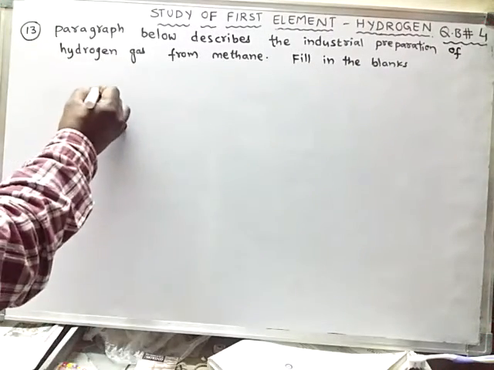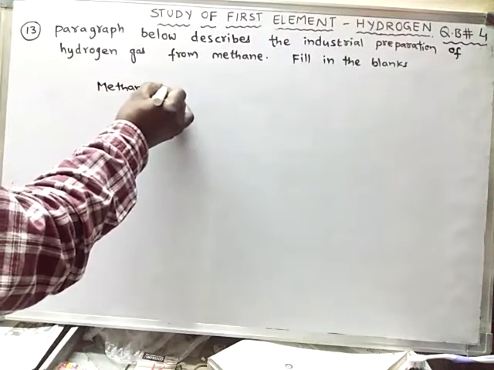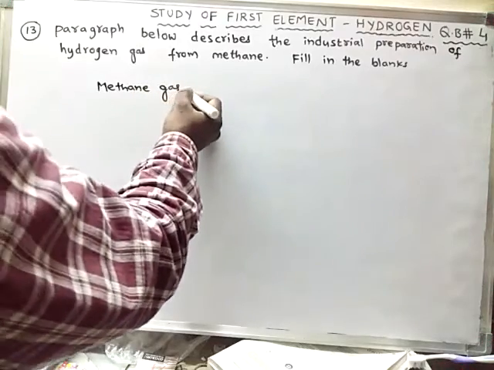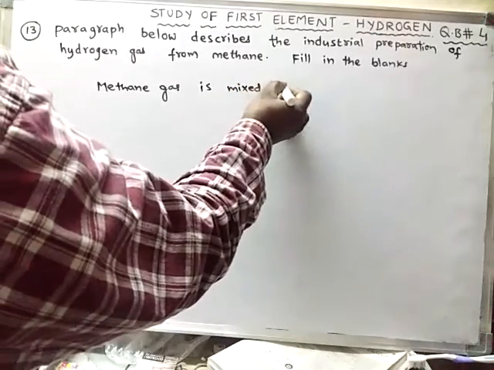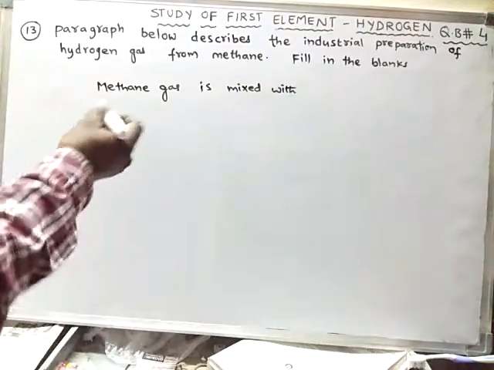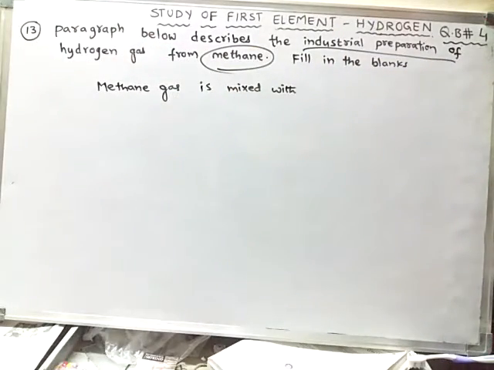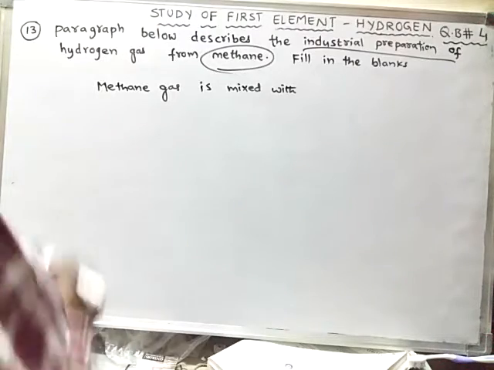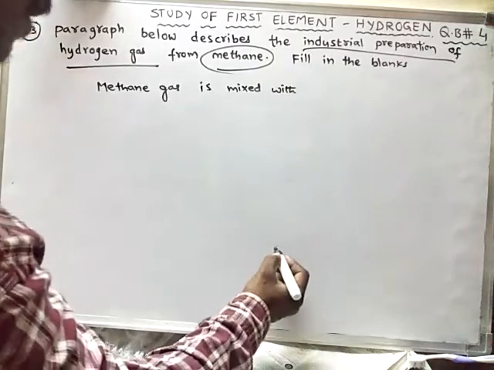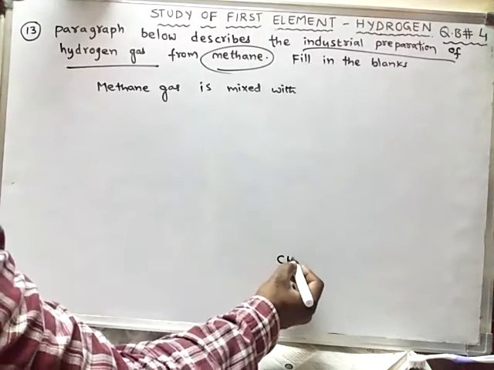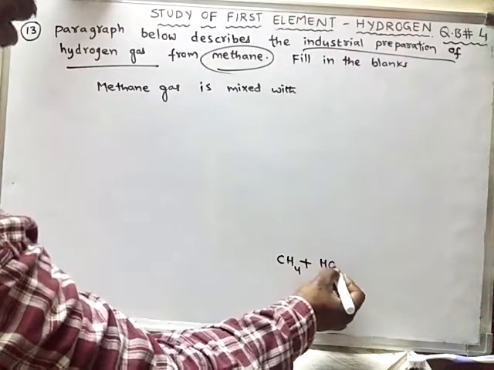The paragraph will start like this: methane gas is mixed with... See, generally in the industrial preparation from methane, how is hydrogen gas prepared? Generally, methane is made to react with superheated steam.